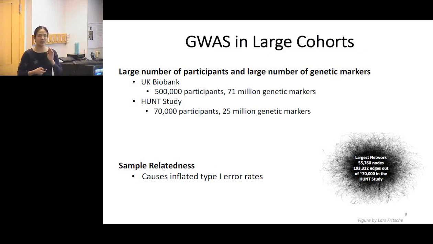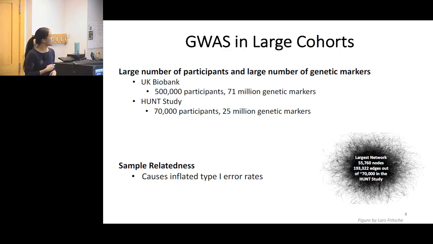As people started performing GWAS in large cohorts, as large biobanks started collecting their participants, they got information on a lot of phenotypes, a lot of diseases, as well as their genome information. So we can see that large cohorts usually have a large number of participants and a large number of genetic markers.